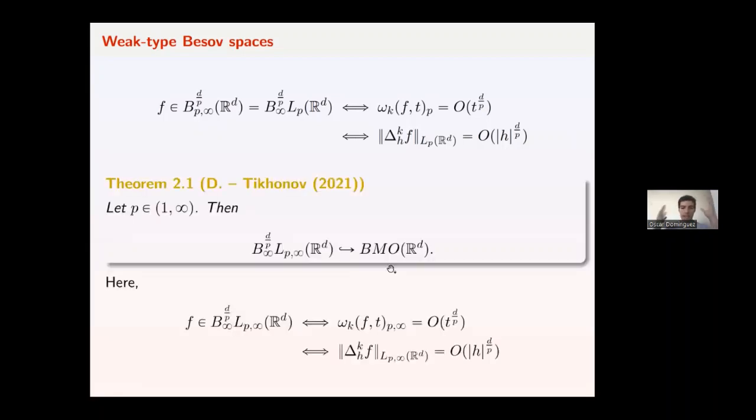So using this idea, one can introduce in a natural fashion weak type Besov spaces. You only need to replace in the classical definition L^p norms by weak L^p norms, or if you prefer, by differences. This is equivalent. And then if p is strictly larger than 1 and less than infinity, together with Tikhonov, we prove that the weak type Besov space is embedded into BMO.